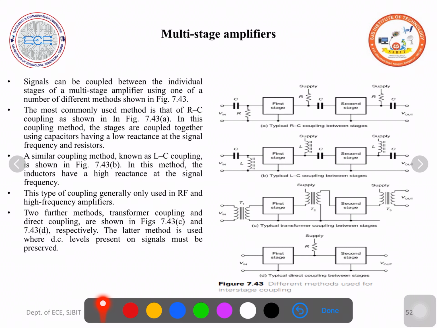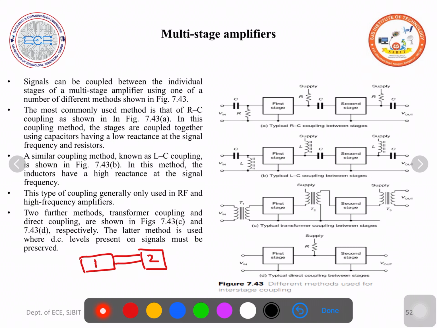Let us see what are the different types of multi-stage amplifiers, or different methods used for interstage coupling. Coupling means how we connect the two stages of amplifiers. Let us say this is the stage 1 amplifier, this is the stage 2 amplifier. How we are going to connect these two stages is nothing but the coupling.